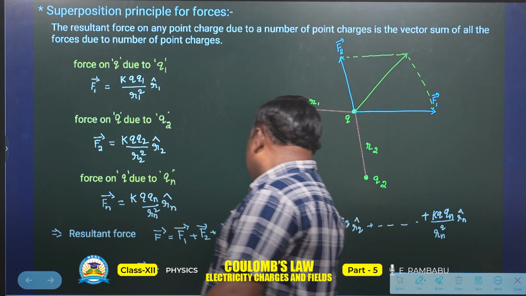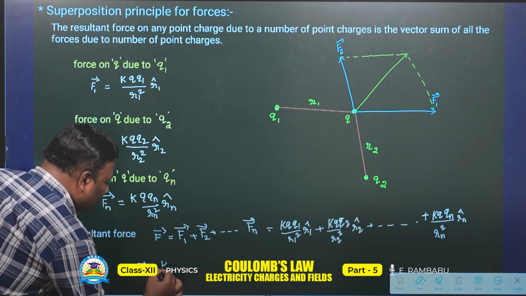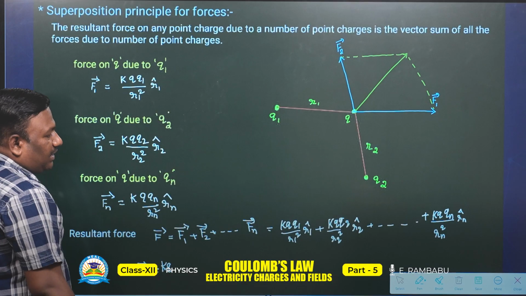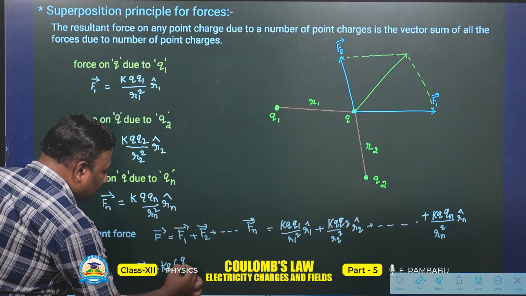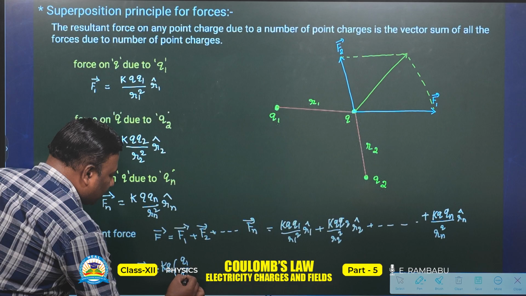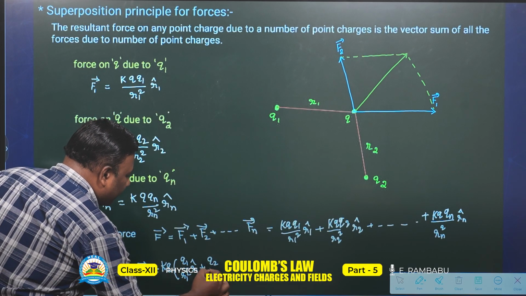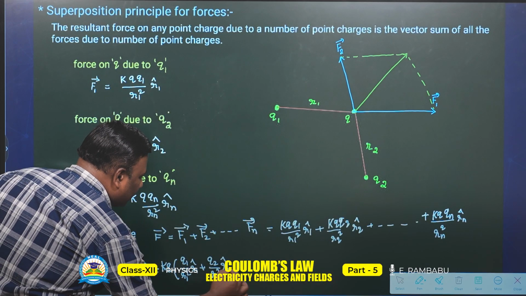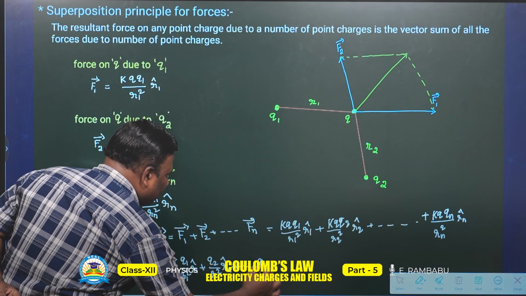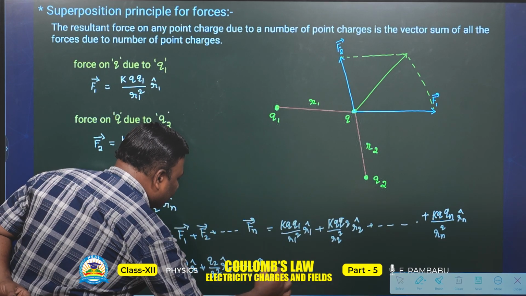In all of these, the common term is K into Q. When K into Q is common, the remaining terms are Q1 by R1 square along R1 cap plus Q2 by R2 square along R2 cap plus and so on, Qn by Rn square along Rn cap.